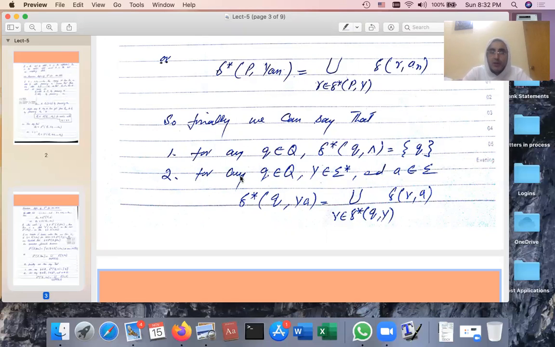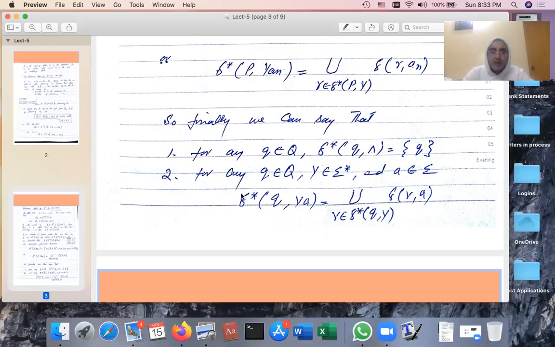Now, number 2: for any q, meaning any state. Here, for any q belonging to big Q, and y, which is my previous string a1, a2, and so on, up to an minus 1, and that string belongs to sigma star, and the last symbol a belongs to sigma, and this a is an.